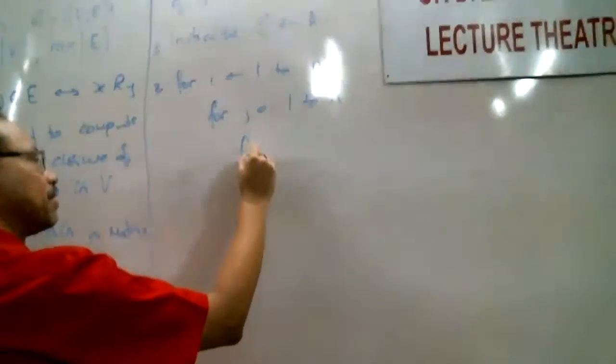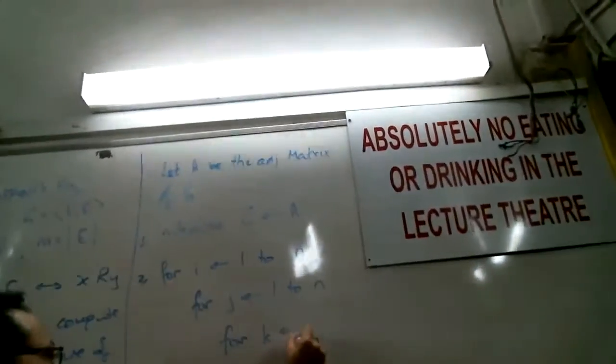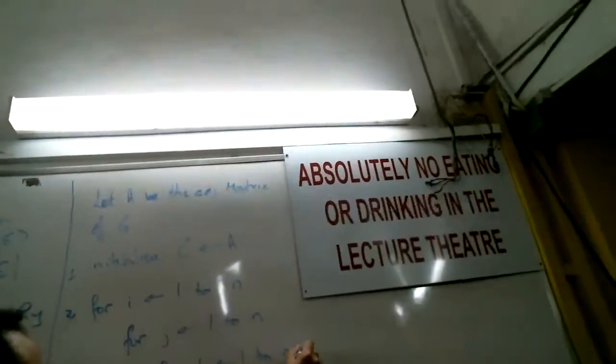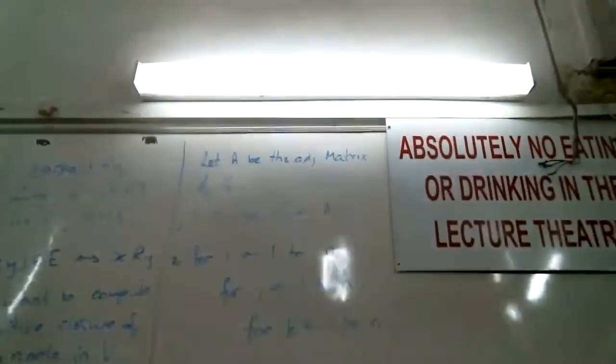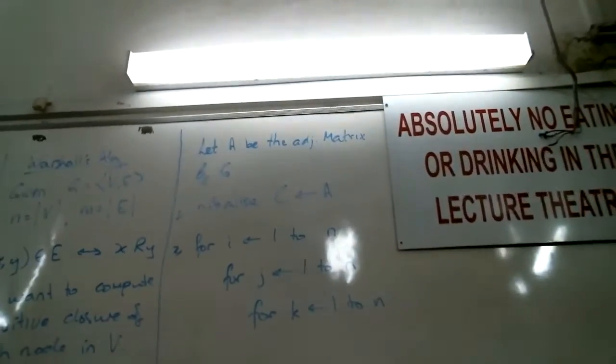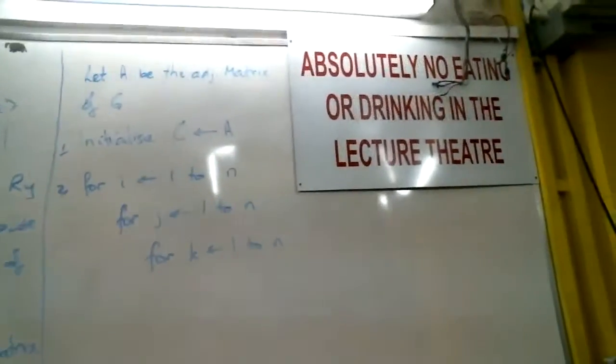And here's the genius part. The I and J keep track of which index we're updating. That K is going to loop through all the other nodes that there could have been.